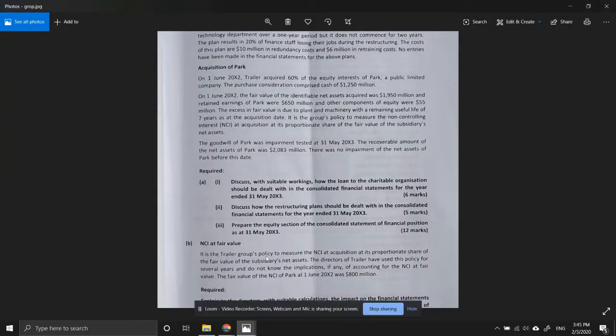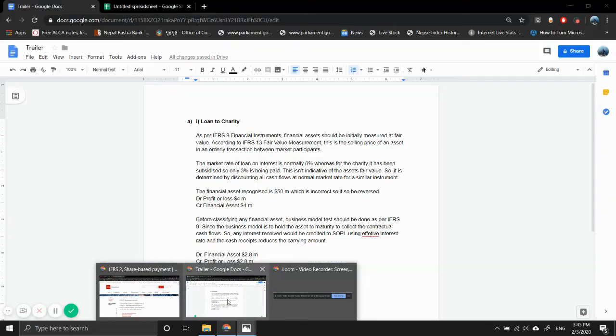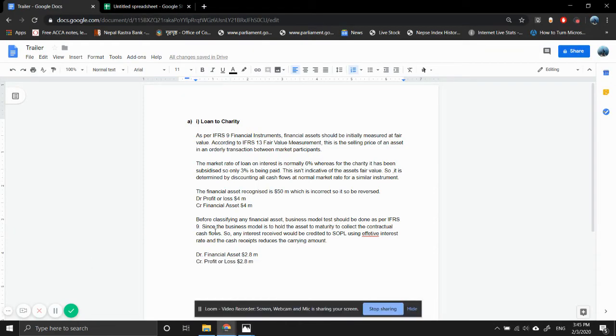Anything in SOFP? In SOFP this figure will be reported.